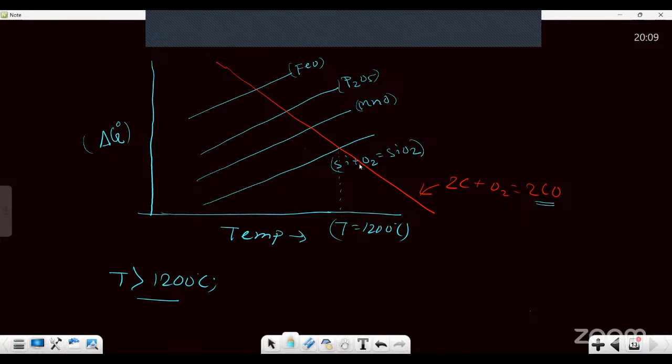Because at this temperature, our silica line is more stable compared to the MnO line, because it is at the lowest position.